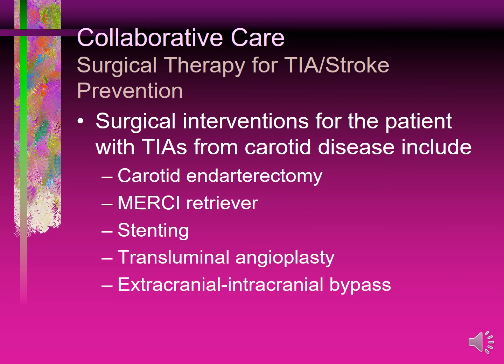If it's less than 70%, they won't do anything because our body has a pretty good capacity to form collateral circulation around where these blockages are. But if there's 70% or more occlusion, they will usually try to do something. And there's several different surgical procedures. There are pictures of them in your book. But one of them is the carotid endarterectomy, which has been done for many years.